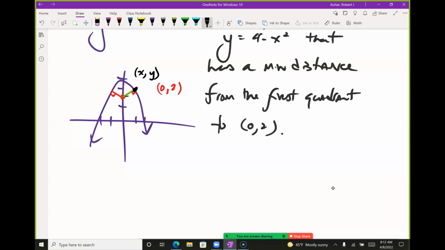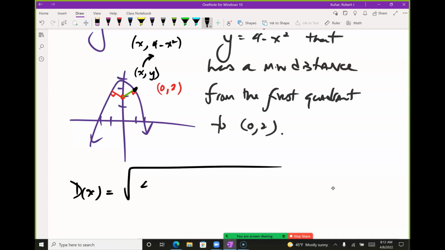So it's really x comma 4 minus x squared. And we're using our distance formula for our minimizing function, right? So y2, 4 minus x squared, minus 2 quantity squared, plus x2 minus x1 quantity squared, x minus 0 quantity squared. Everybody with me?